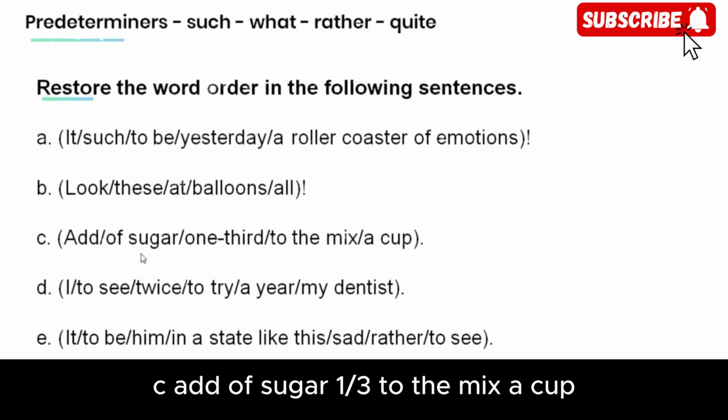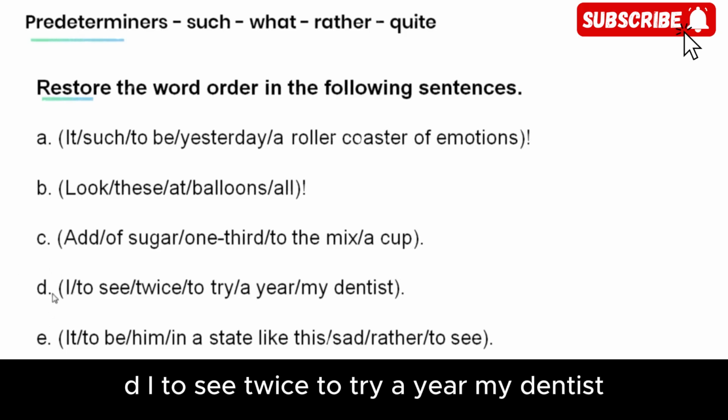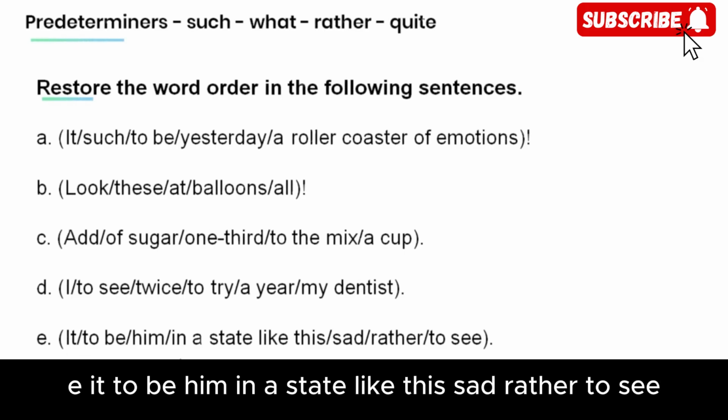C. Add of sugar 1/3 to the mix a cup. D. I to see twice to try a year my dentist. E. It to be him in a state like this, sad rather to see.